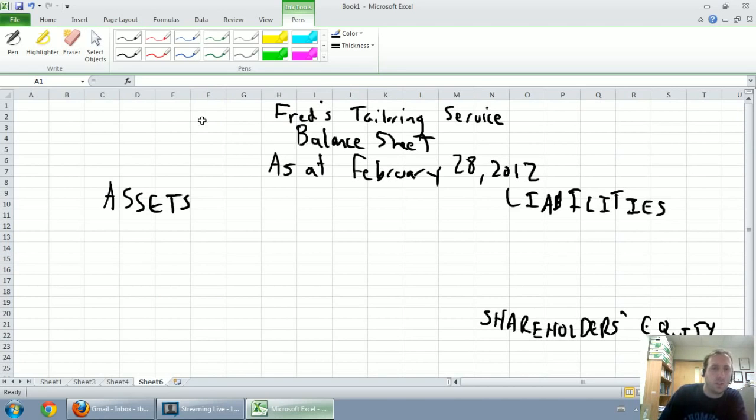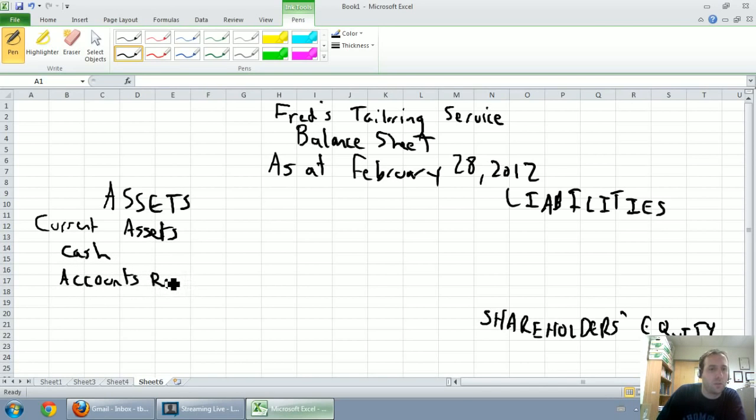So under assets, we have current assets, and under that cash and accounts receivable. That should be lowercase. Let me just redo that.